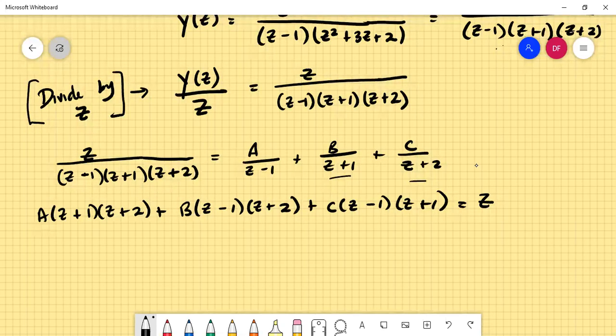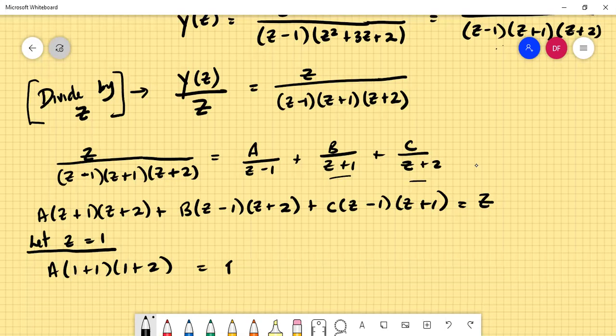So we're going to let z equal 1 so that we drop out the B and the C. So that's A times 1 plus 1, 1 plus 2, is equal to 1. So that is 2 and 1, 3, 3 and 2, 6. So it implies that A is equal to 1/6. And then we're going to let z equal minus 1.